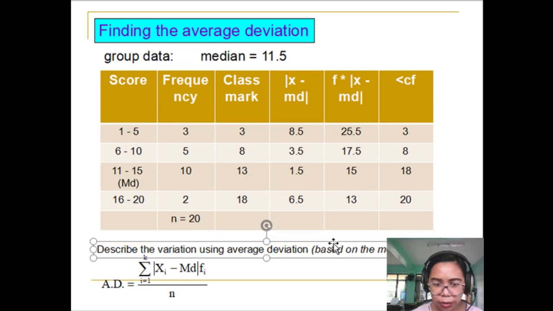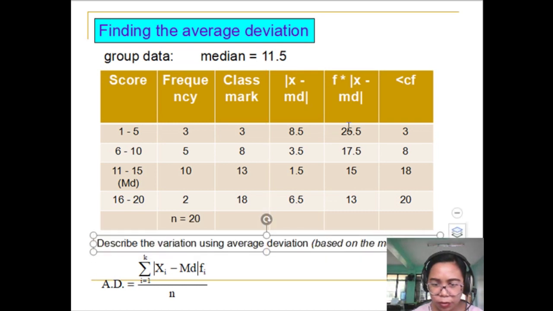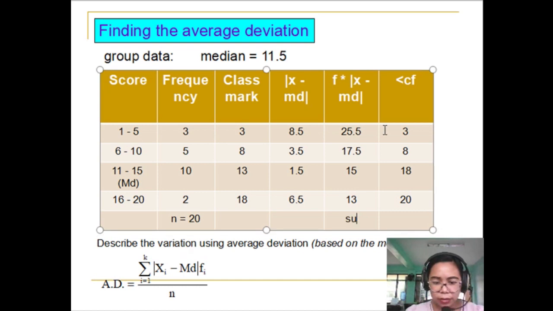Okay, then after that one, we need to add. Okay, we need to know the sum of this column in order to substitute it with our formula. So simply add 25.5, 17.5, 15, and 13. So we get 71.